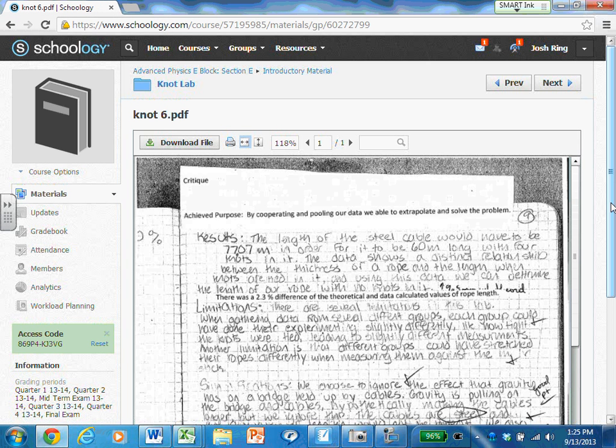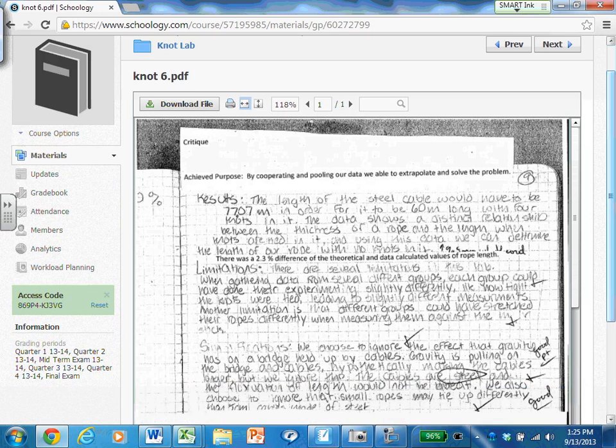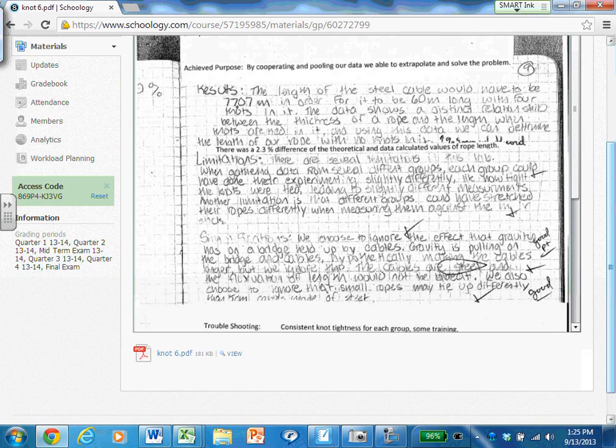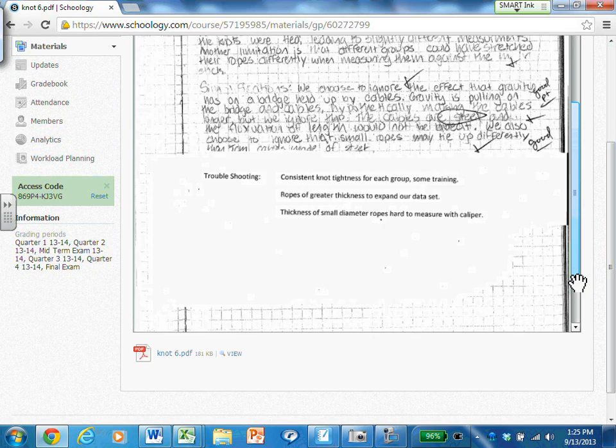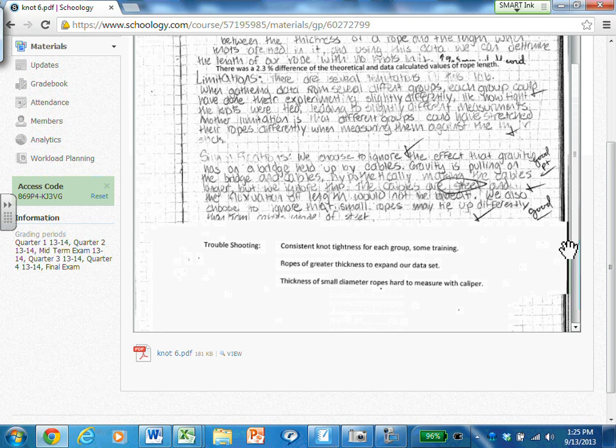So there's a section, Achieve Purpose. Read what the achieved purpose is in the front of your lab notebook. Then look at this, and you can rewrite it a little bit. You don't have to just copy it word for word. And then look at limitations, simplifications, troubleshooting, okay? So you do each section of it.